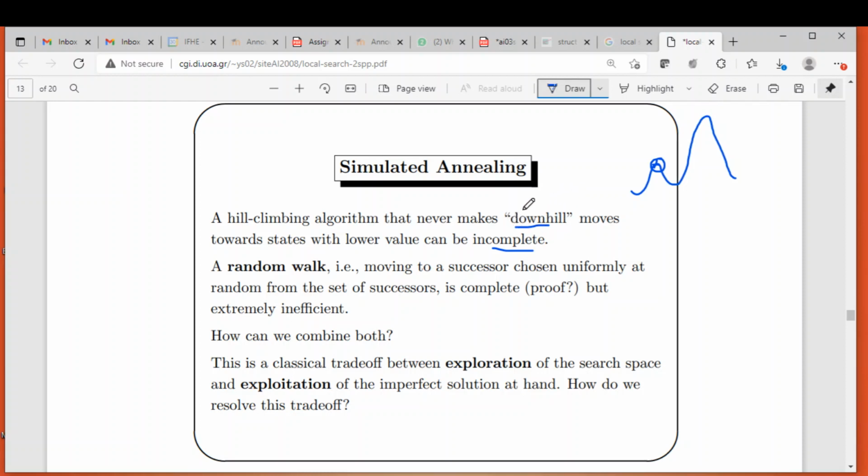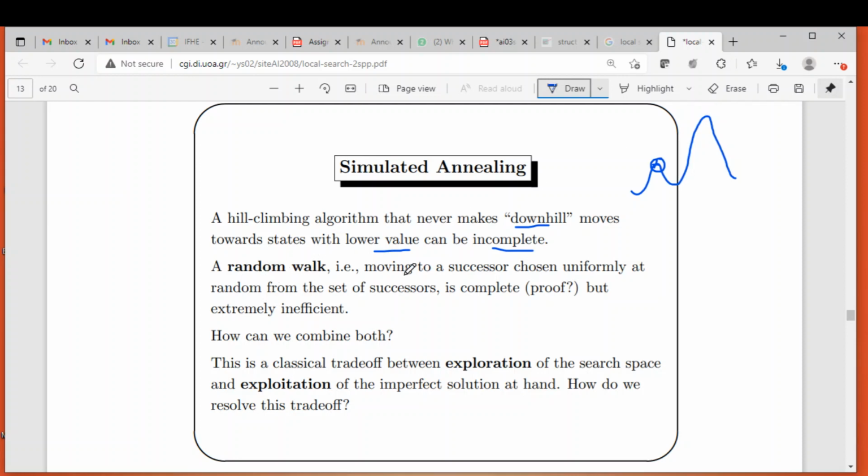If the algorithm is refusing to go for a downhill move, then it can never reach the global maximum. So that is what this statement says. A hill climbing algorithm that never makes downhill moves towards the states with lower value can be incomplete. In that case it becomes an incomplete algorithm because it is not ready to come down, so it may not find the solution at all.